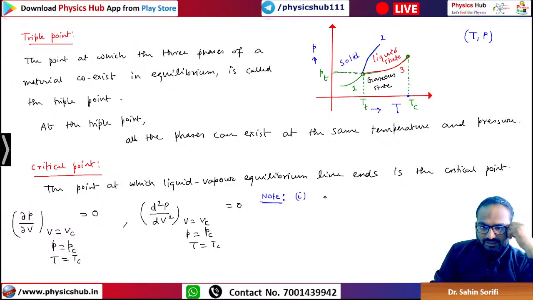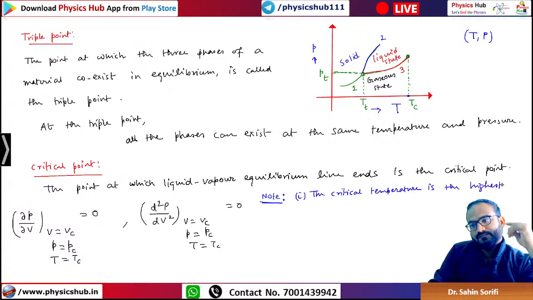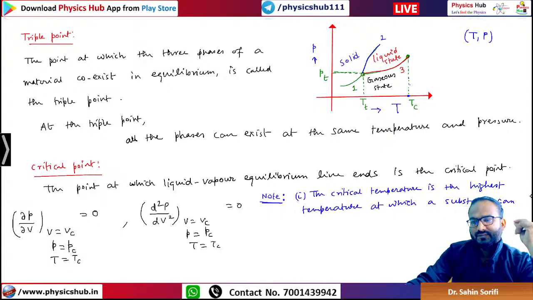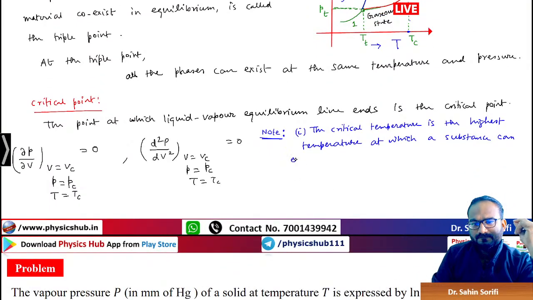So one thing you write: the critical temperature is the highest temperature at which a substance can exist as a liquid regardless of the pressure.